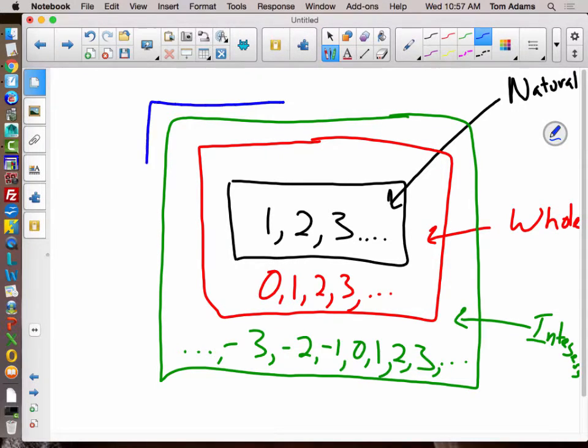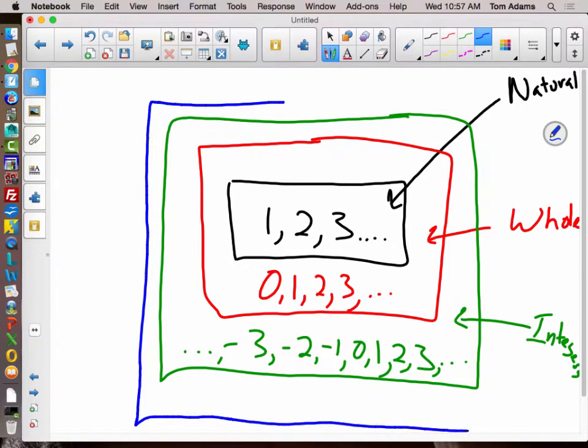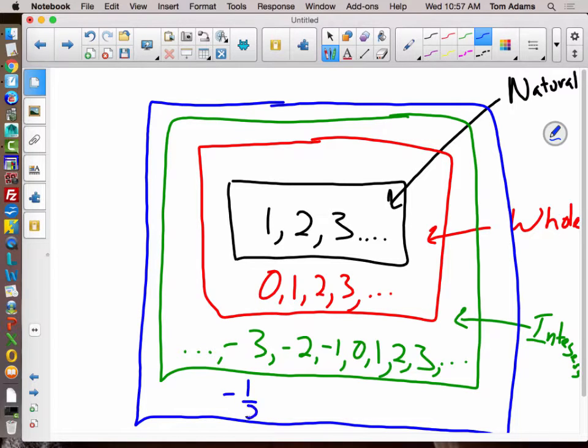Well, a little bit outside of that, what would we call the blue numbers? Rational.